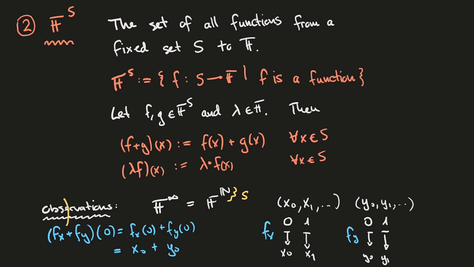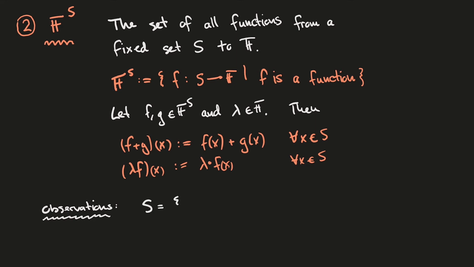We can now observe that this on the left-hand side is just describing the 0th coordinate of the sequence x0, x1, and so on, plus y0, y1, and so on. So this is the 0th coordinate of the new sequence we obtain by adding the sequences. And this equation down here is saying that the 0th coordinate of this sum sequence is just x0 plus y0, which is exactly the definition we made in the case of F infinity.